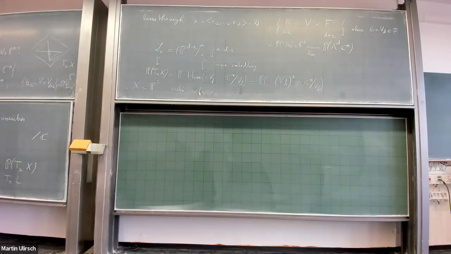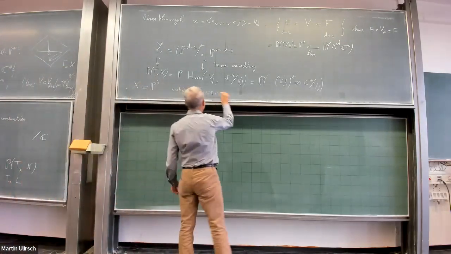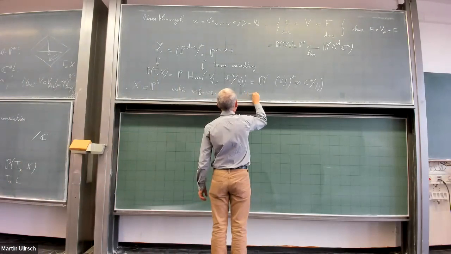And then the next thing you can do is to consider conics or curves of minimal degree. Now, what you will see easily is this one is covered by conics.